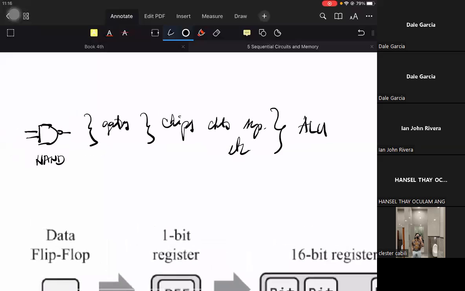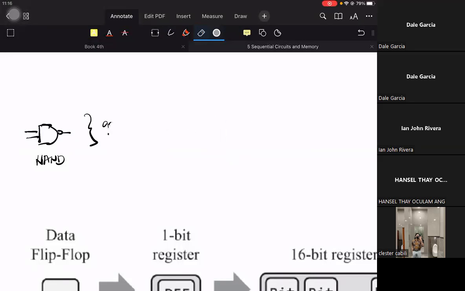In essence, our ALU is just made up of a complex array of NAND gates.